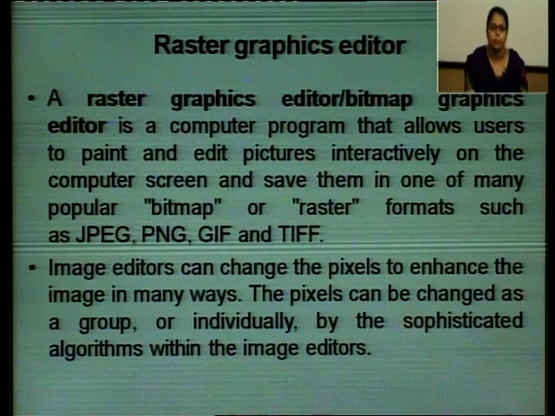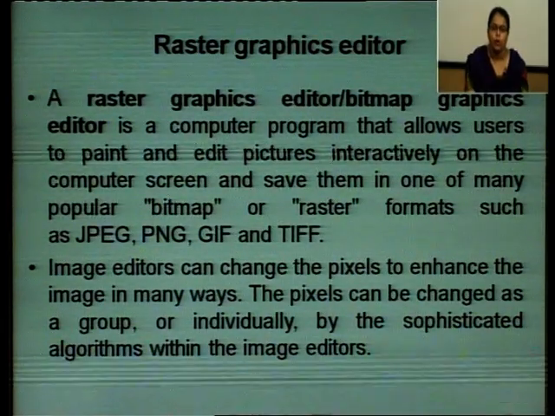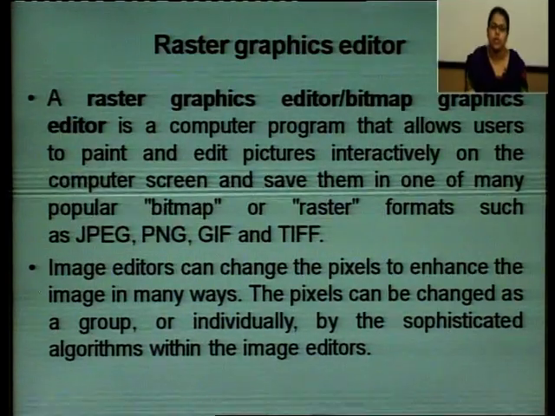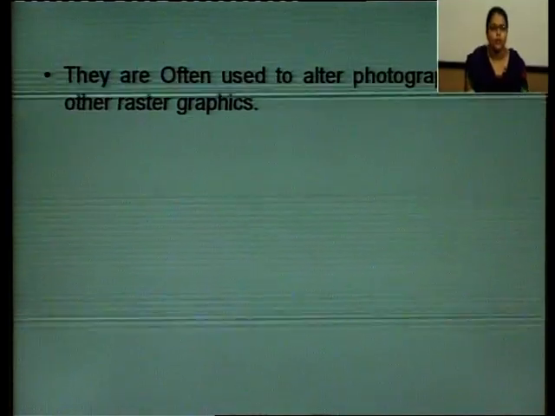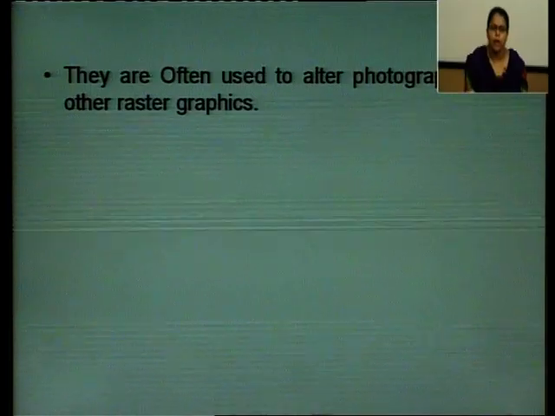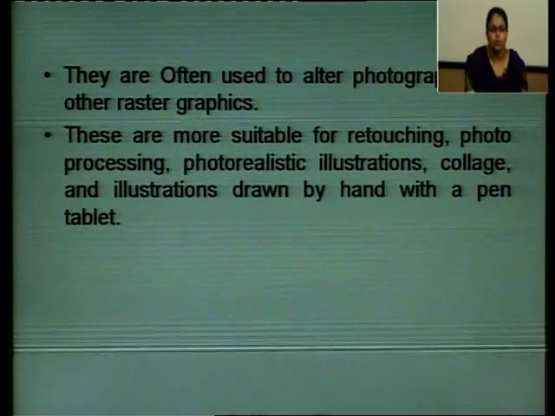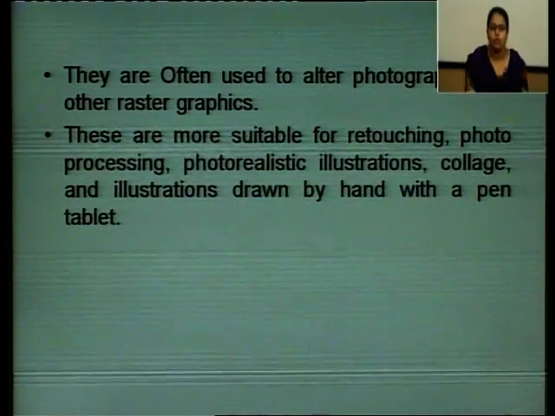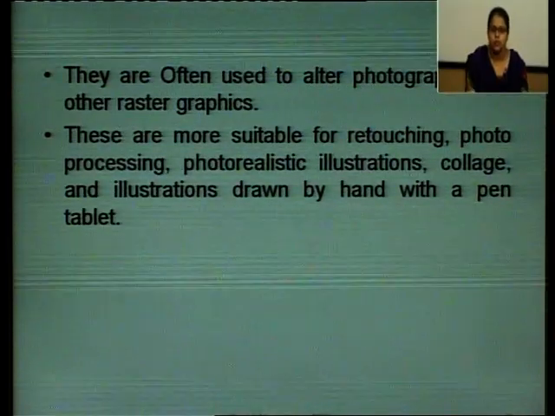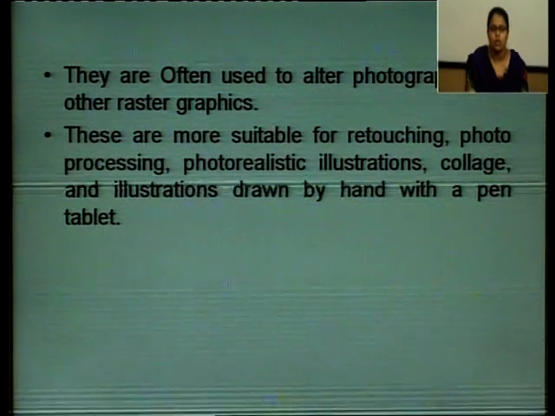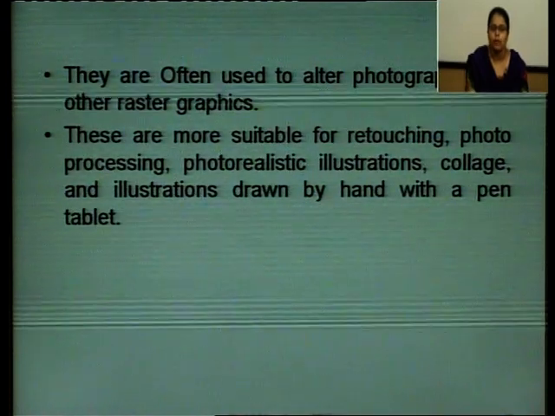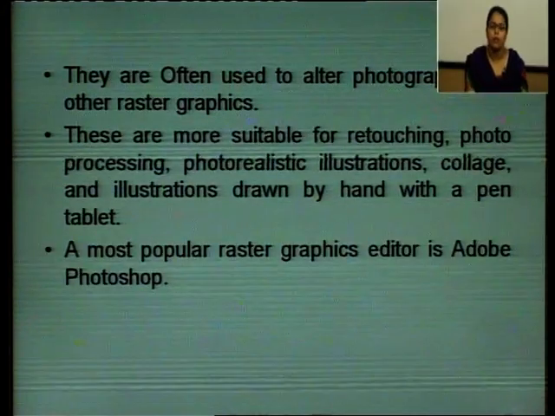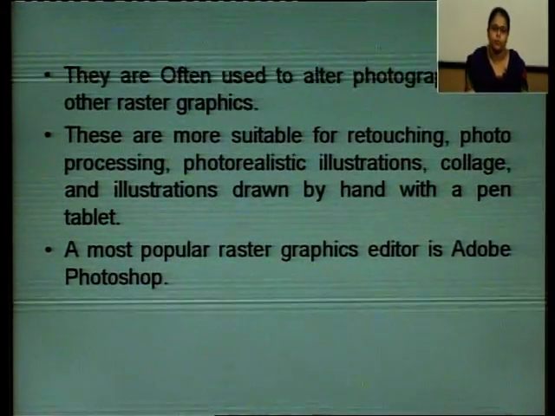The pixels can be changed as a group or individually by the sophisticated algorithms within the image editors. They are often used to alter photographs and other raster graphics, and they are more suitable for retouching, that is altering the image, photo processing, photorealistic illustrations, collage and illustrations drawn by hand with a pen tablet. A most popular example of raster graphics editor is Adobe Photoshop.